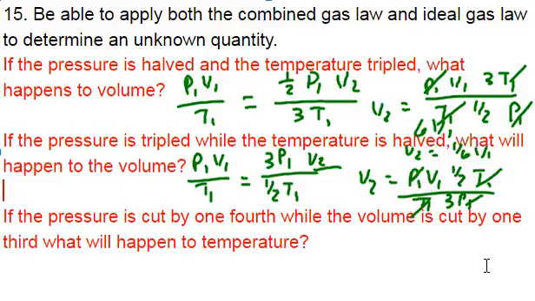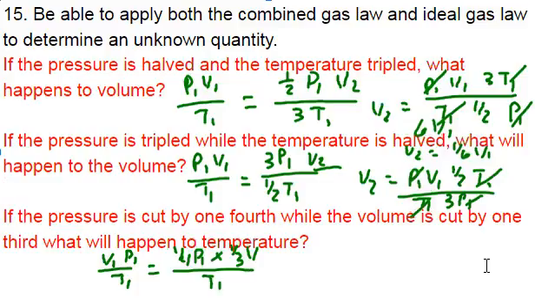And then the last one, V1 times P1 over T1. The pressure is cut by 1/4, so 1/4 P1. Well, the volume is cut by 1/3 volume. What will happen to T1?